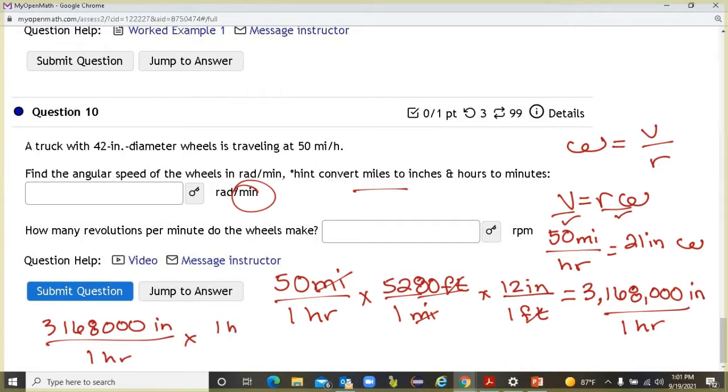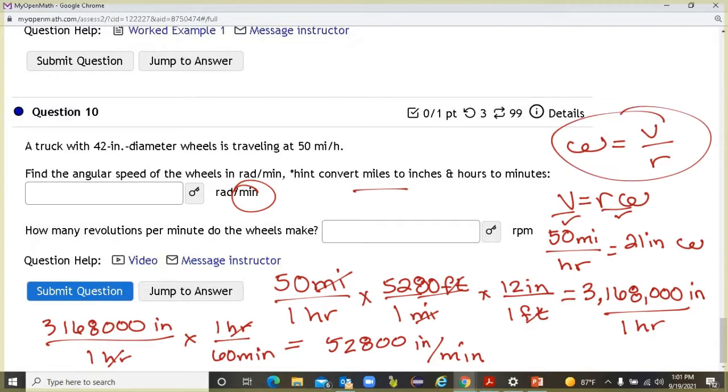But 1 hour has 60 minutes in it. So I'm just going to divide this by 60. And we have 52,800 inches per minute. All right, so now we are in inches per minute.